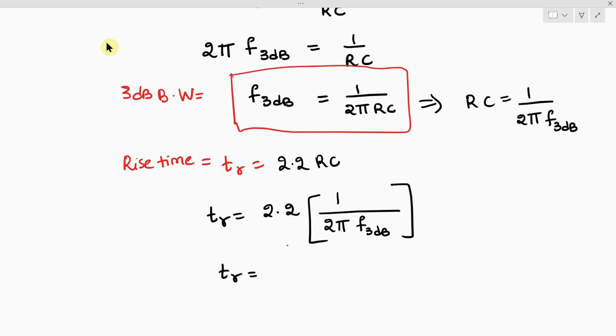Please tell me the value. 0.35. So TR equals 0.35 by f3 dB.